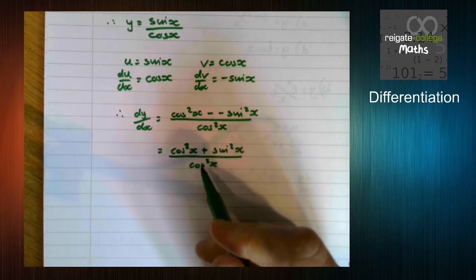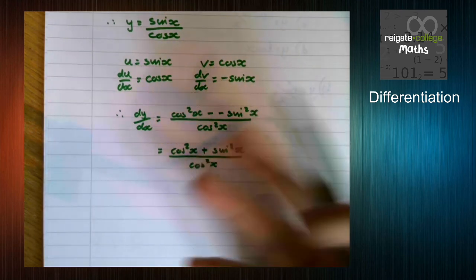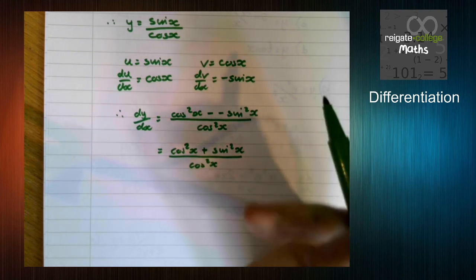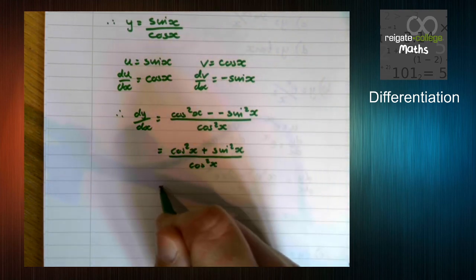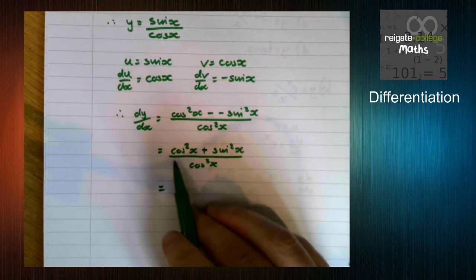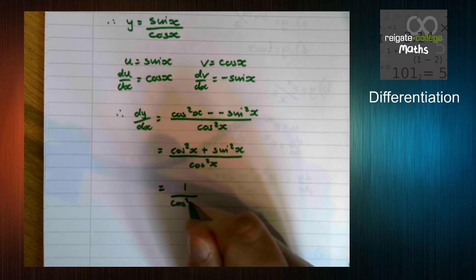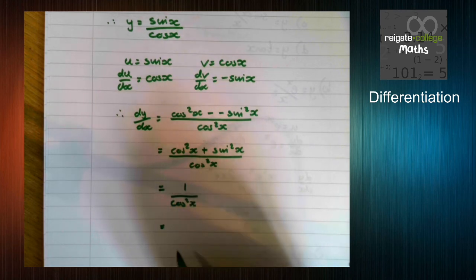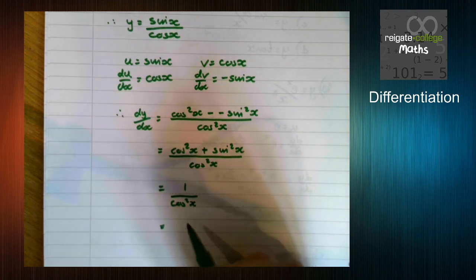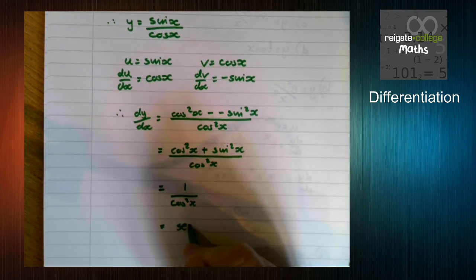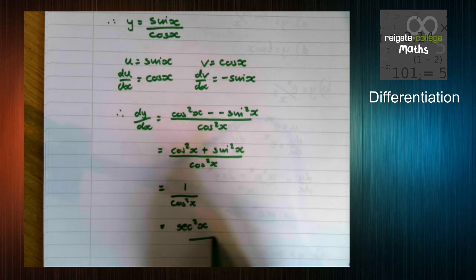Now, some people from here will split up the fraction and rearrange it that way, and that's fine, but if we look, we can actually make this much easier for ourselves, because sine squared plus cos squared is 1. 1 over cos is sec, so 1 over cos squared is sec squared x, and we're done.